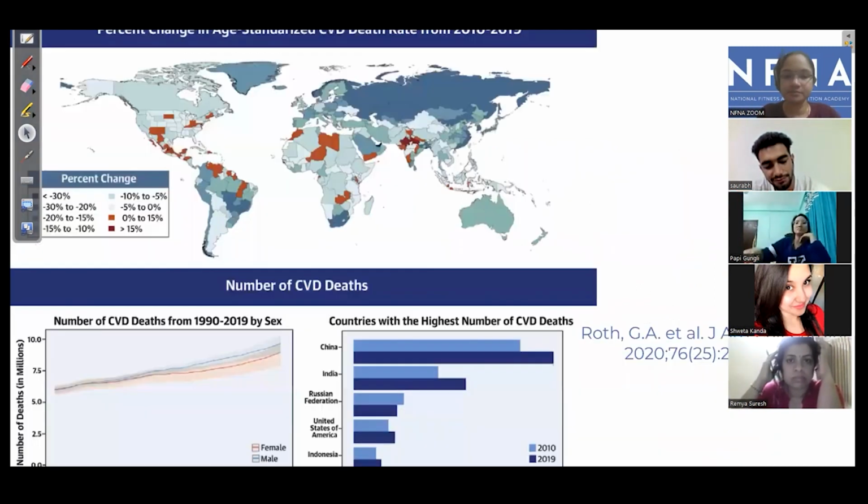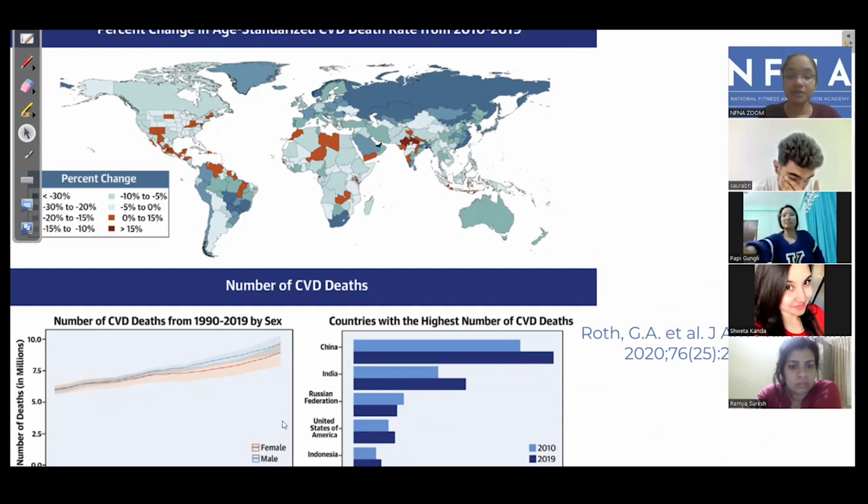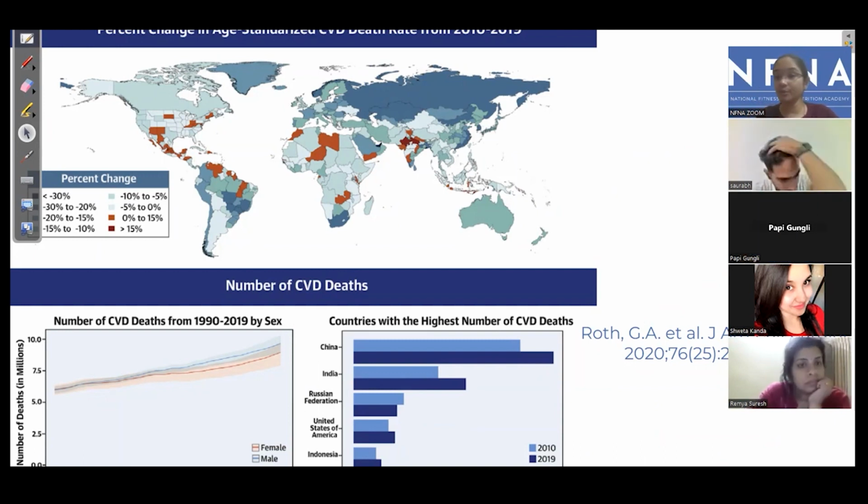Now here you can see this is a map. From 1992 till now, the graph of CVD, cardiovascular disorders, is consistently increasing. Among the male and female, male are more prone to cardiovascular diseases compared to female. The reason is that these diseases are more prominent in postmenopausal women.